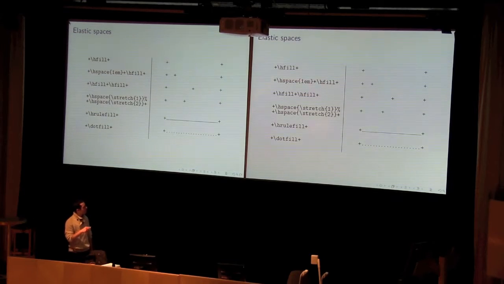It's just a little bit about elastic spaces. I will come over it again later, but this is how you can, for example, this one is interesting because I've put the plus. So here you have the command I've entered in my text file, and what is the output. The plus on the left goes on the left margin, and the plus on the right goes on the right margin.